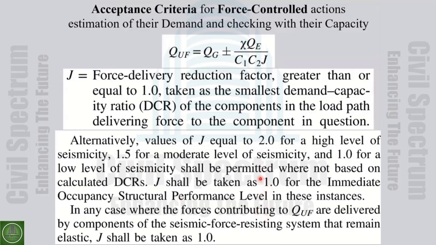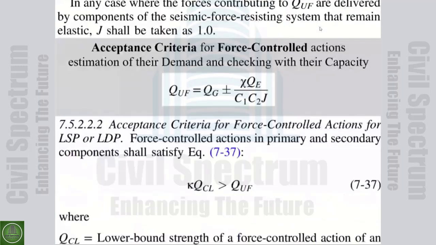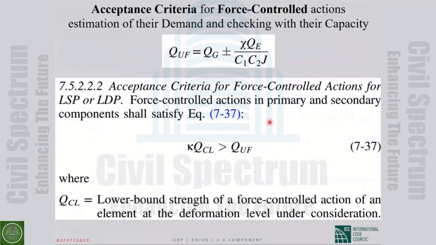But it shows that when we use linear analysis, we have some problem for the force control and displacement control adjustments, and these are the approaches that we take there. And therefore, for the force control demands, we don't have M.